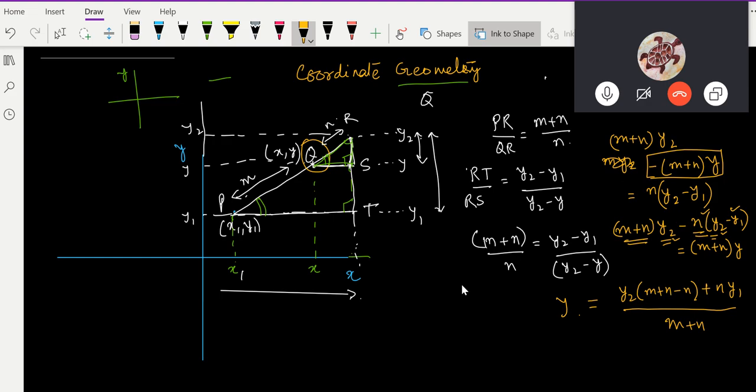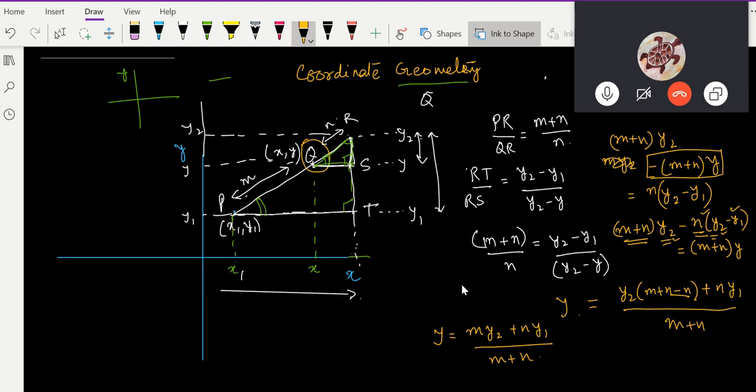So y is equal to m y2 plus n y1 by m plus n.